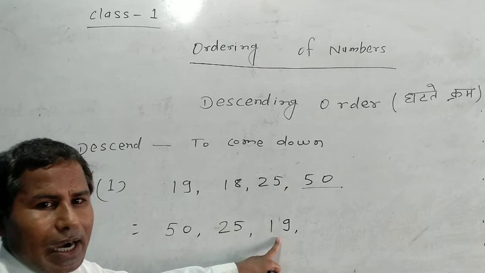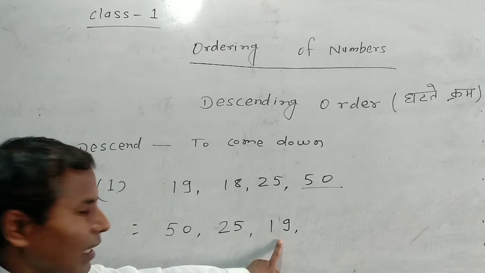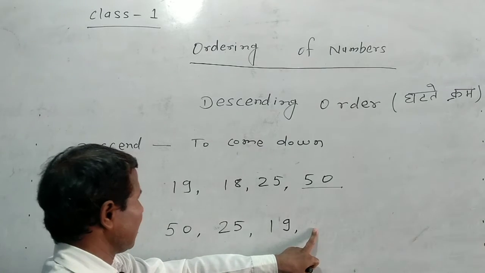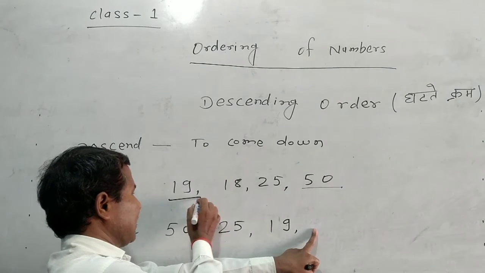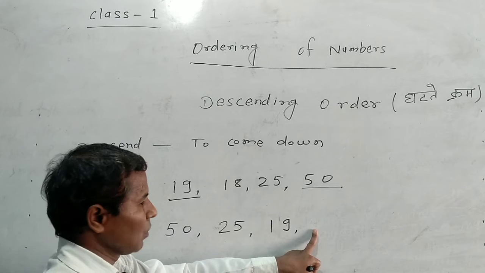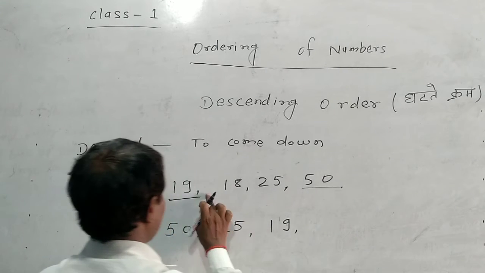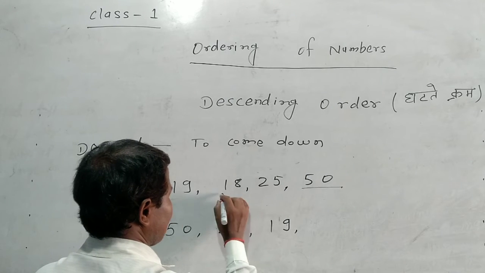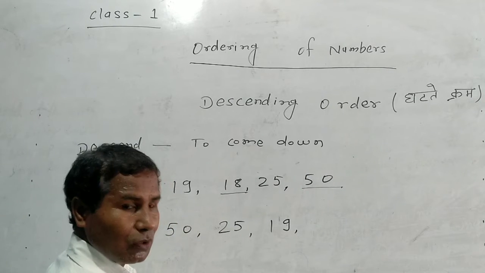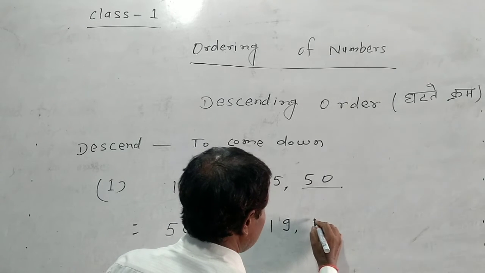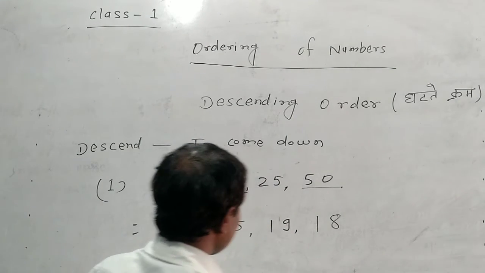And after 19, at last, we put here the smallest number. Here the smallest number is 18. So we put here at last the smallest number 18.